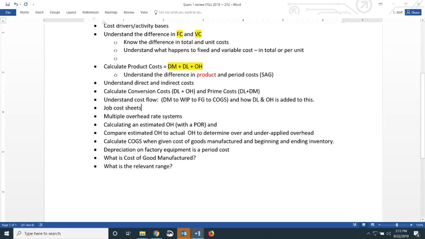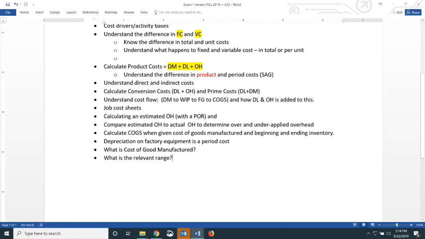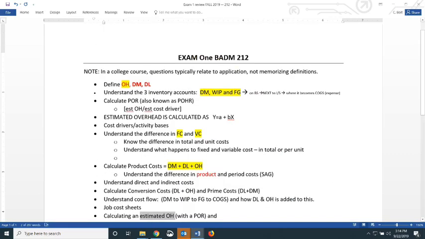Moving down through here, calculating estimated overhead. Let's see. I'm going to move this one to the bottom, and let's talk about calculating estimated overhead. The most crucial thing to think of here is that this is an estimate. Here's the definition.